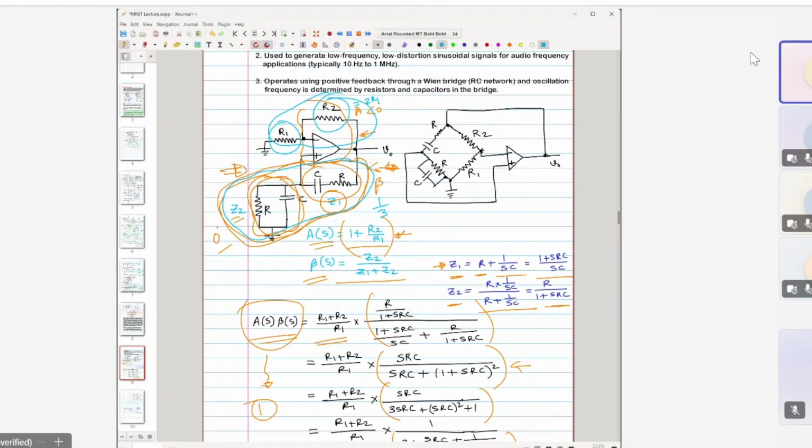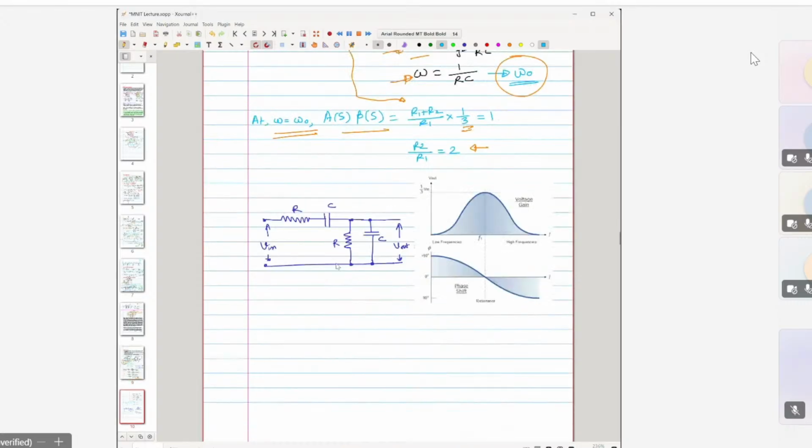Total A beta has to be equal to 1, okay? So we'll check whether it is really 1 by 3 or not. The other thing is that as it is producing 0 phase shift, you also have to ensure that this part also produces 0 phase shift. And that is indeed the case.